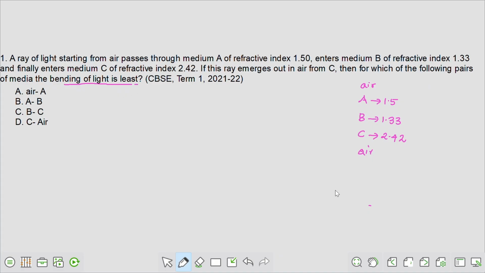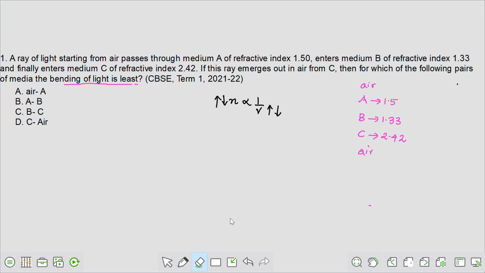It's a very good question. We have already learned about the relation between speed of light and refractive index. So what is the relation? Yes, refractive index is inversely related to speed of light. More the speed, less the bending. Less the speed, more the bending.